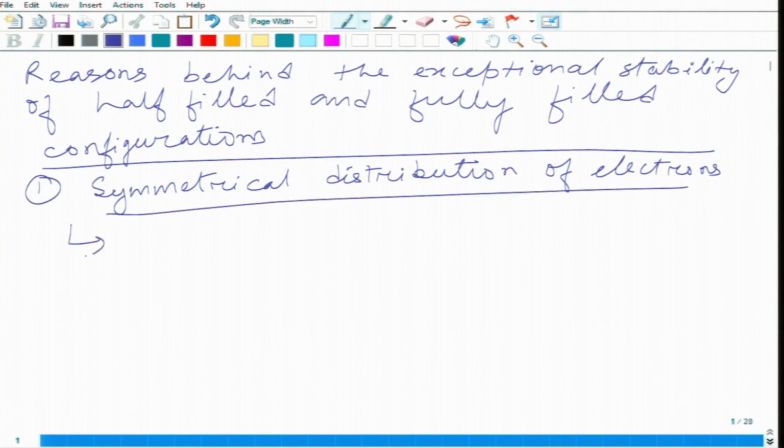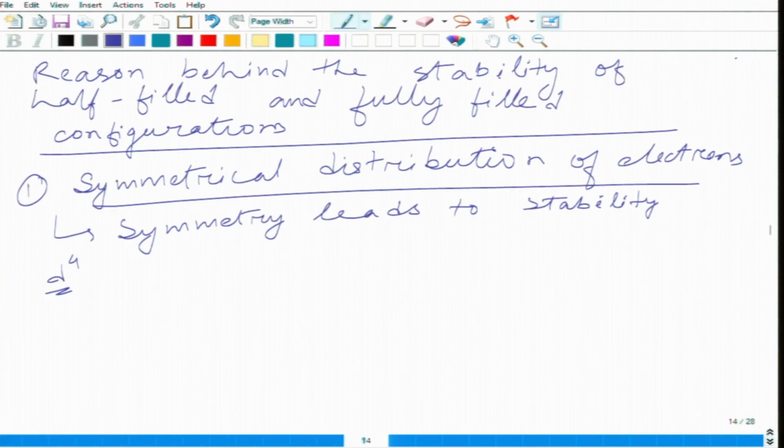So, there is one general idea that symmetry leads to stability. So, anything which has symmetry gains some additional stability. Now, let us consider d4. If we consider d4, then we see that the configuration is like this.